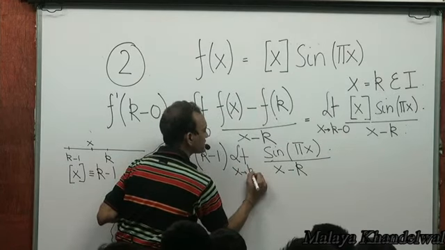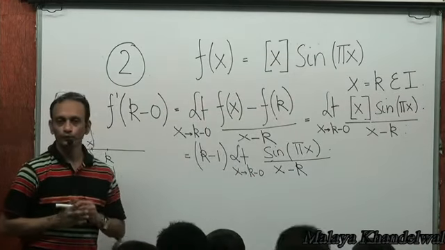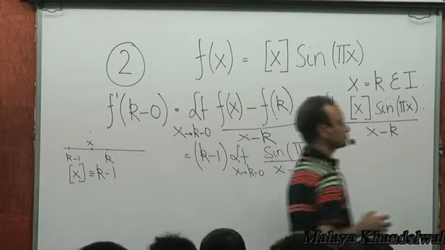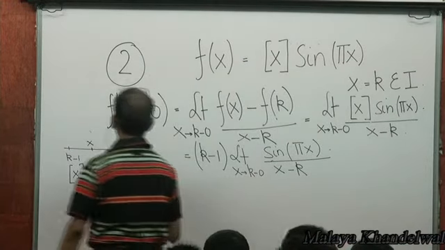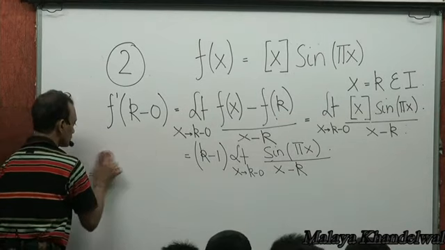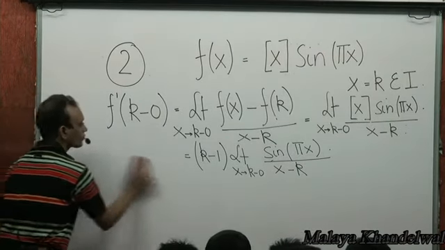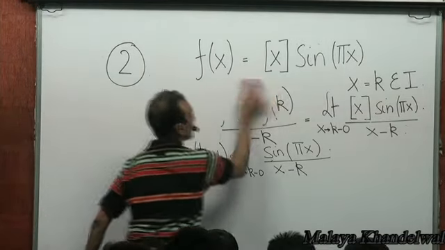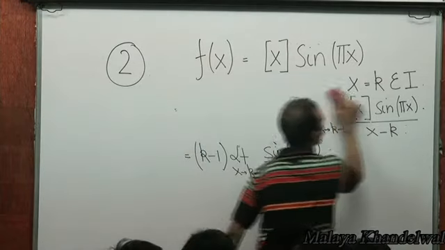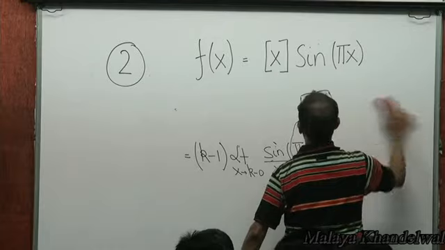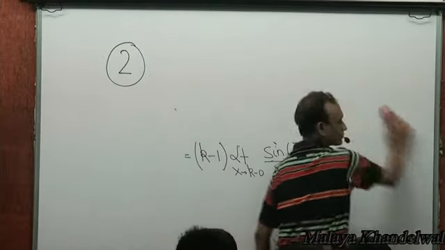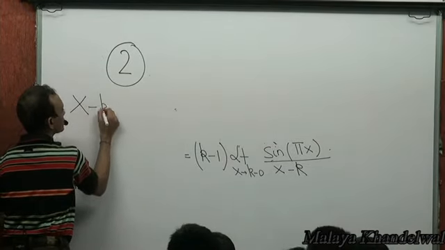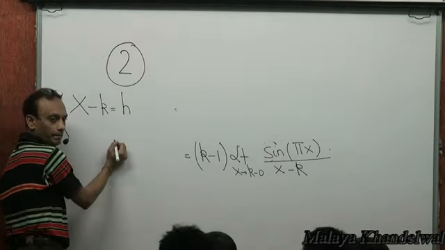x tends to k from the less than k side. This is what we are reduced to. Yes or no? Now, suppose I took x minus k as some h, right?